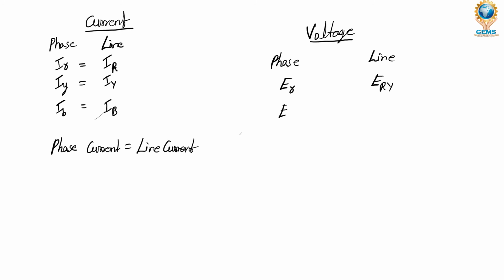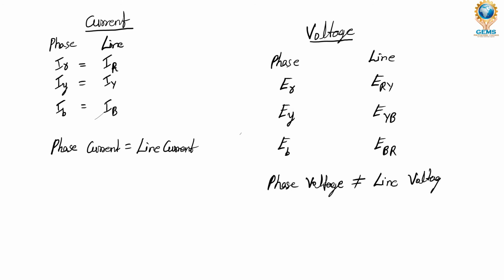Phase voltage in Y phase is EY, and line voltage is EYB. Phase voltage in B phase is EB, line voltage is EBR. Here, phase voltage is not equal to line voltage. Okay, then what is the relation?